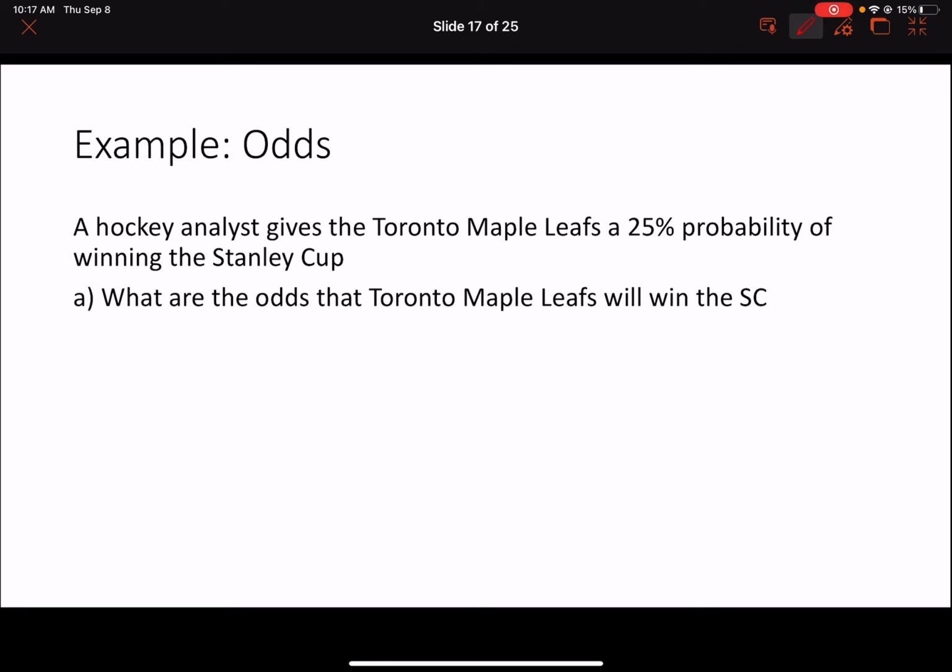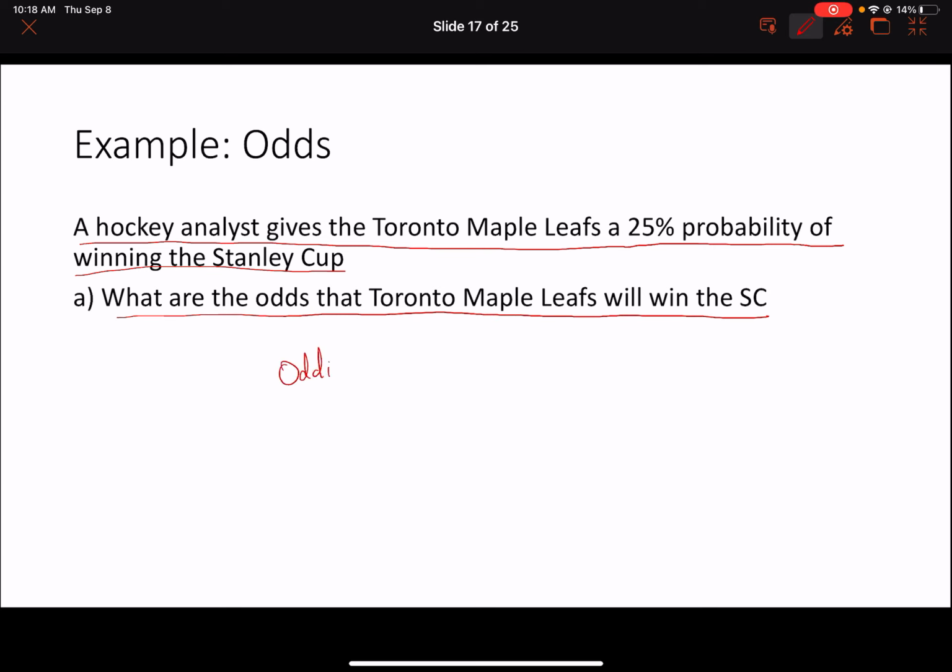A hockey analyst gives the Toronto Maple Leafs a 25% probability of winning the Stanley Cup. What are the odds in favor of the Toronto Maple Leafs winning? So let A represent the event that the Toronto Maple Leafs win the Stanley Cup.